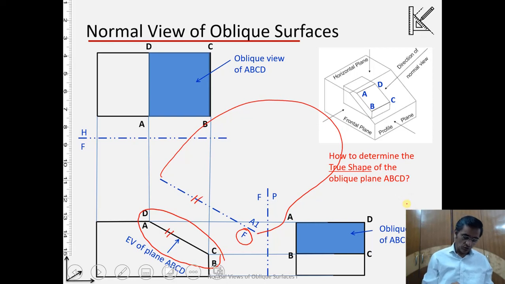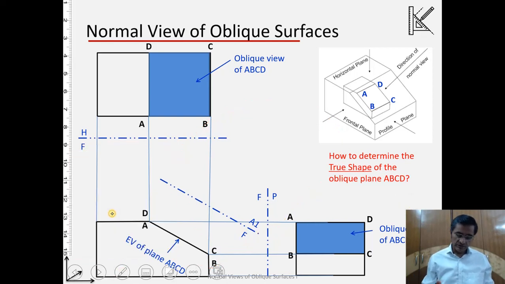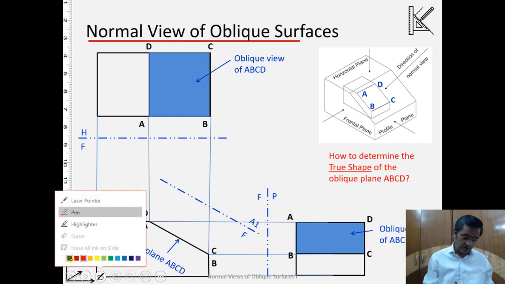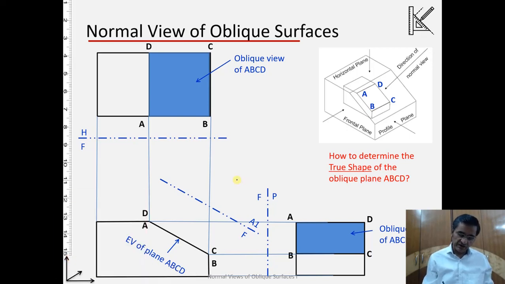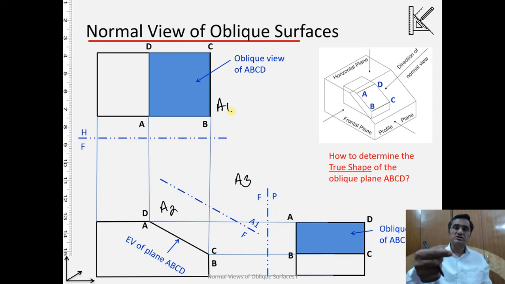We know how to do it. As per our definition, if I write names, this is A3, this is A2, and this is A1. So from A2 we will be taking projectors, from A1 we will be measuring the distances, and then on the projectors on A3 we will apply the distances from A1 to get the true shape.